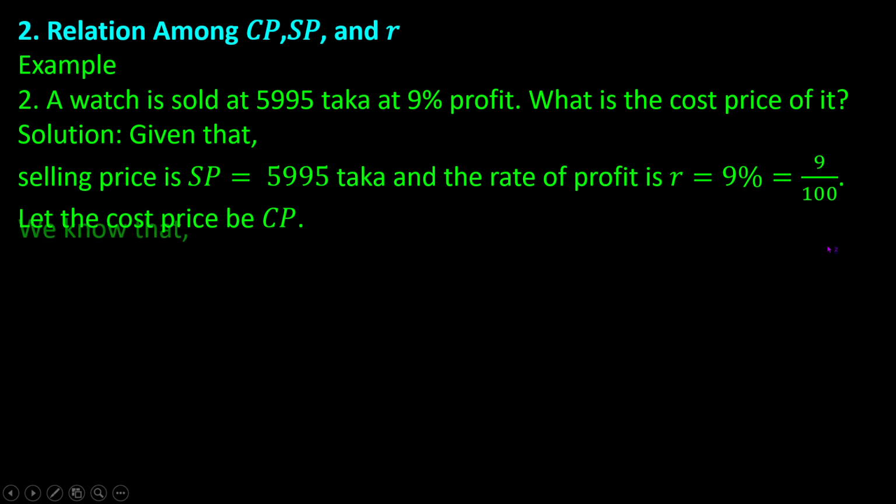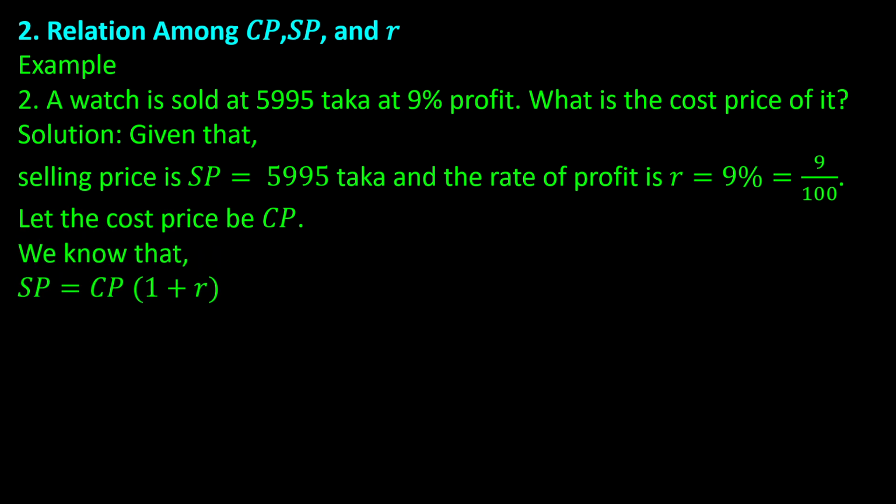So we consider the cost price as CP, and the relation among those three terms is SP equals CP times (1 plus R).